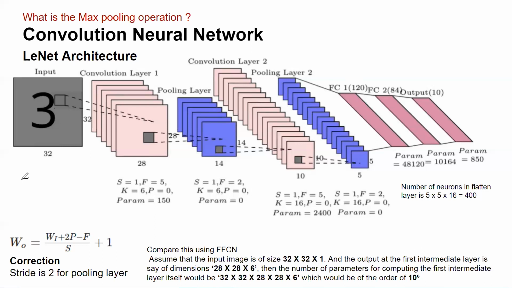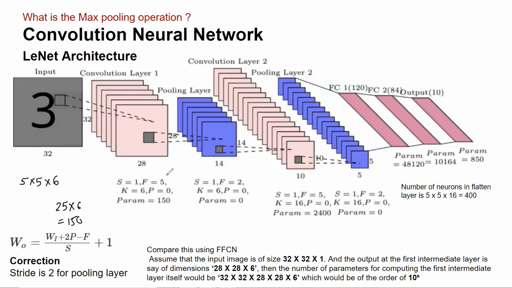My dimension of kernel is 5 cross 5. So 25 weights are there, and a total of 6 such kernels. 25 into 6, that's 150. So till convolution layer 1, I have a total of 150 learning parameters.